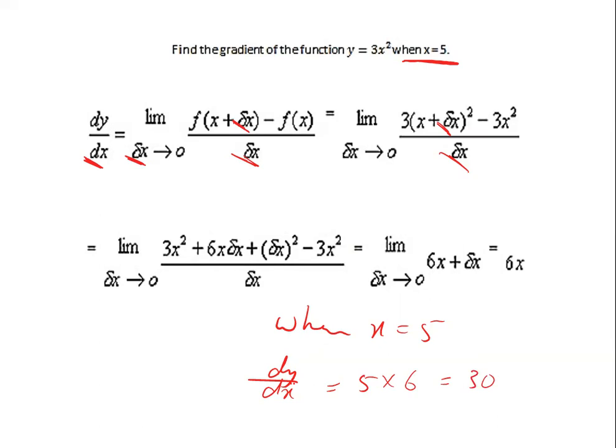So in all these examples, we were using the idea of differentiation from first principles. So just to recap, we went through the idea of using a limit to find the gradient function of a curve, and it was remarkable how Newton and Leibniz came up with that.